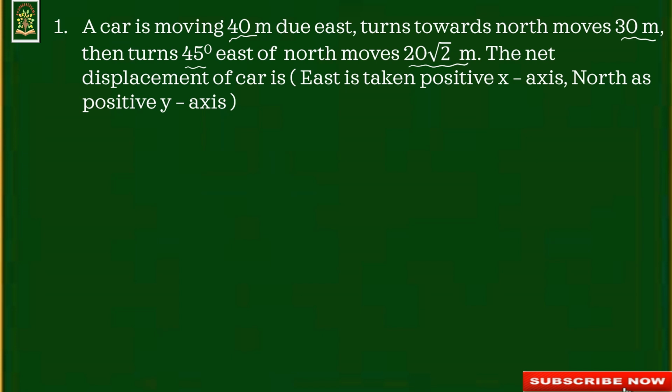Here this is the east direction and here we are taking the north direction. Here one is S1 and the other is S2. Here 45 degrees east, making an angle of 45 degrees, and this is 45 degrees.